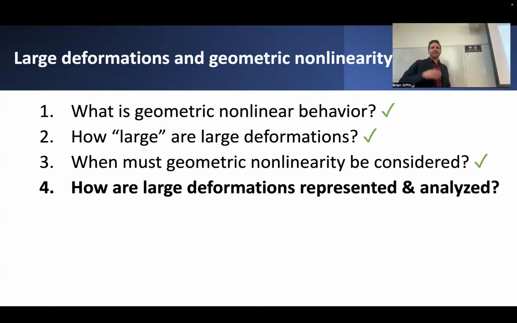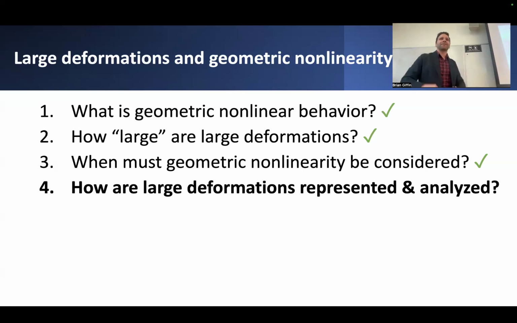It could also be if you're analyzing and trying to assess when a structure will collapse under some applied loads. And to model that process of collapse, progressive failure, you have to include, most of the time, nonlinear geometric effects.